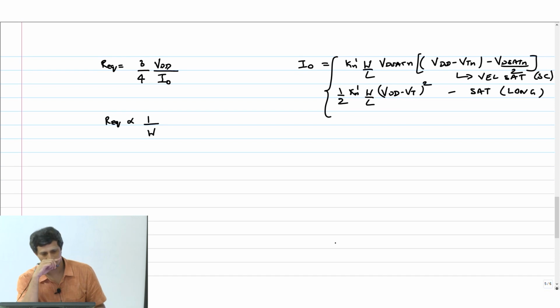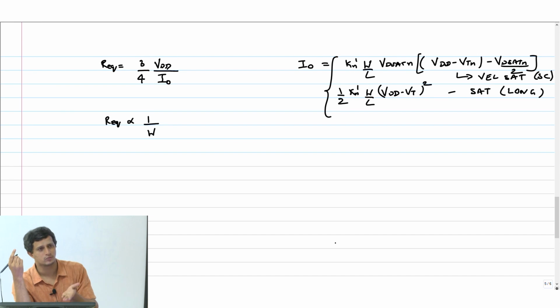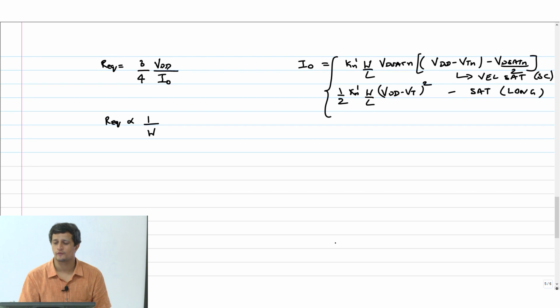So therefore, if I double the width of a transistor, then the resistance of the transistor drops by a factor of 2, right? Or the resistance becomes 50% of what it was earlier. So this is one key technique that we will use. If you want to reduce your resistance, then you upsize the transistor, and that is what this equation is also telling us, right? Now what happens if VDD is very large?